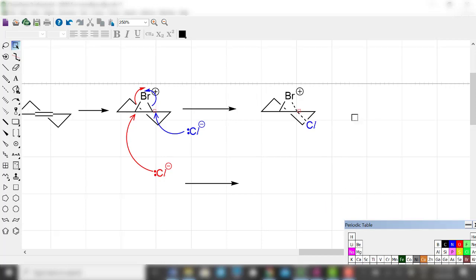If it's an early transition state, let me just ensure that this is the Br. I'm just going to push the Br up a little bit. That signifies the bond breaks a little bit, and because it's an early transition state and you are moving towards a product, maybe this should come down a little bit as well, because it's going to be hybridized into sp3, correct?